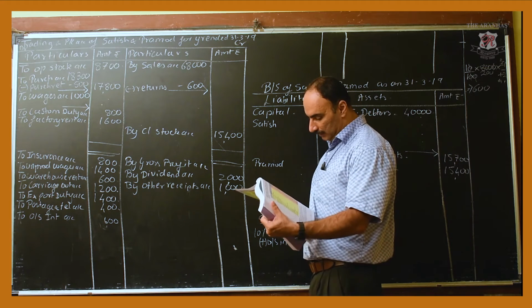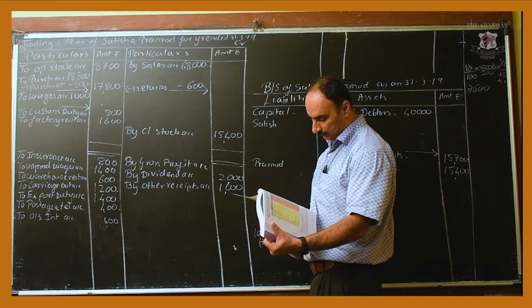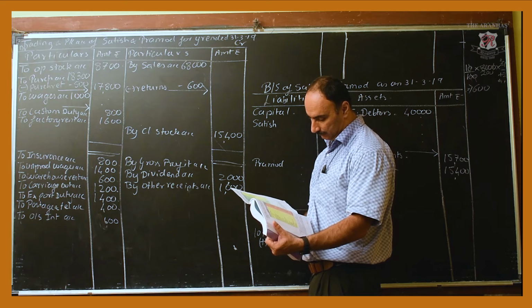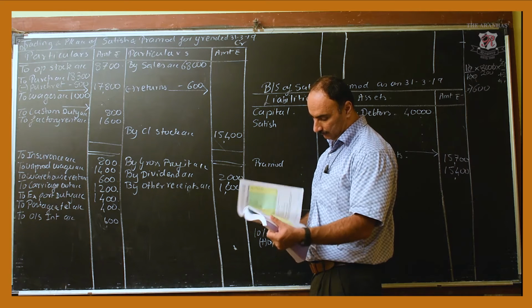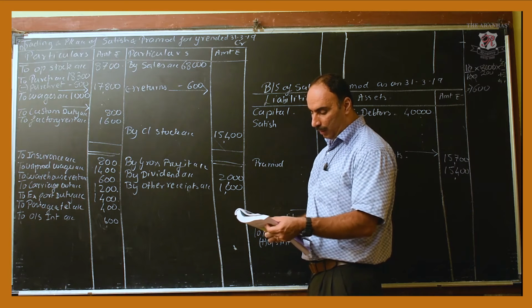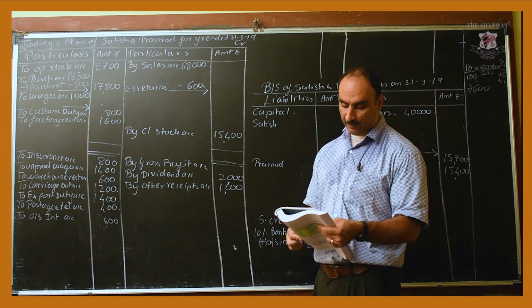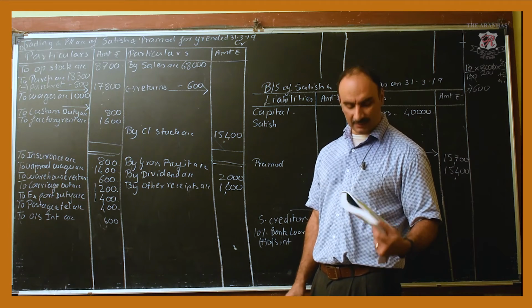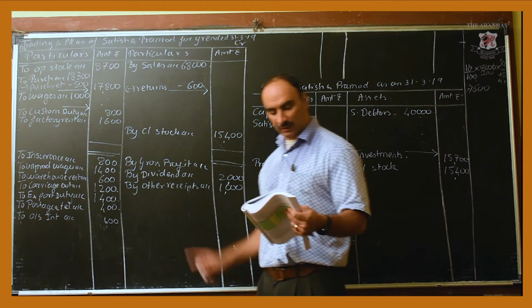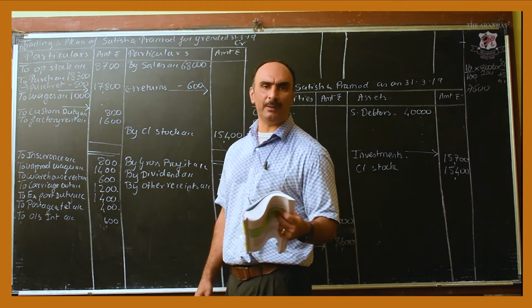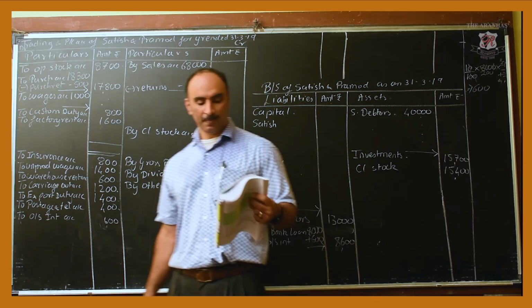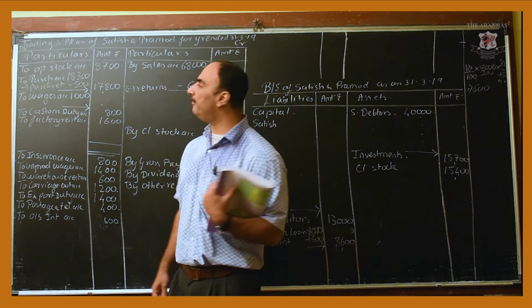Where are the capitals of the partners? Okay, they don't want us to prepare the balance sheet, therefore they have not given us the capital balances. Anyway, we'll see what is to be done. So the difference in the balance sheet will be the capital. We'll prepare it for practice. Outstanding wages are 500.